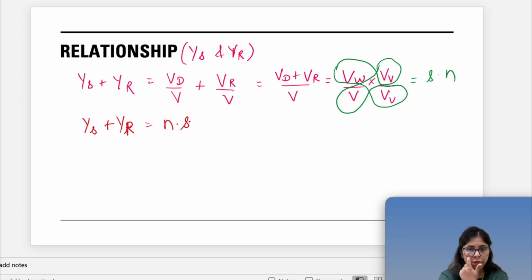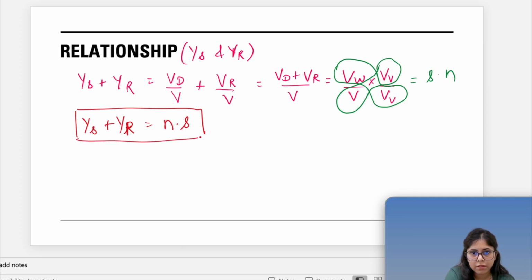And if this is one relation, and if underground the medium is fully saturated, we call it fully saturated. That means there is no volume of air. So S becomes 1 if it is fully saturated, that means 100% saturation means 1.